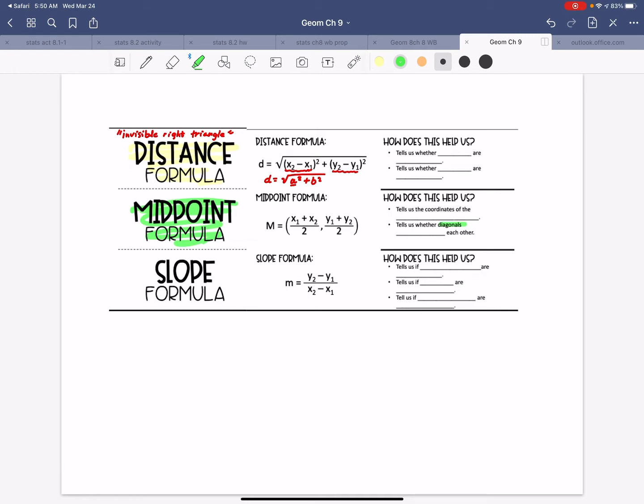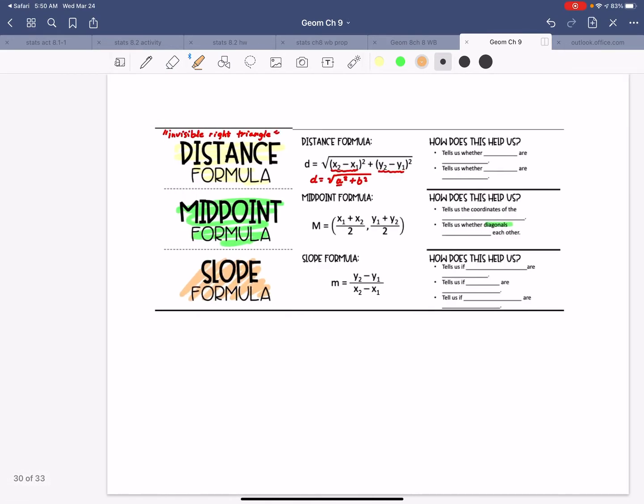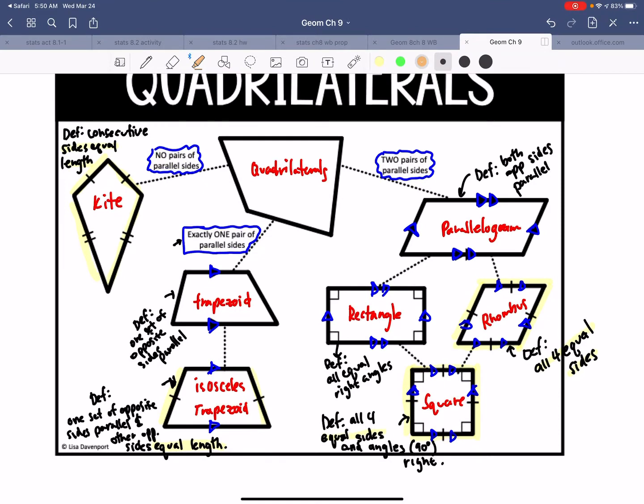So slope, that's the next thing I'm going to need. So my slope formula, when am I going to need that? Well, that's how I verify if something's parallel, because parallel means same slope. So I'm going to use slope formulas to verify that this slope, like if I look at it here, looks like it's maybe going up 2 units and over 1 unit.